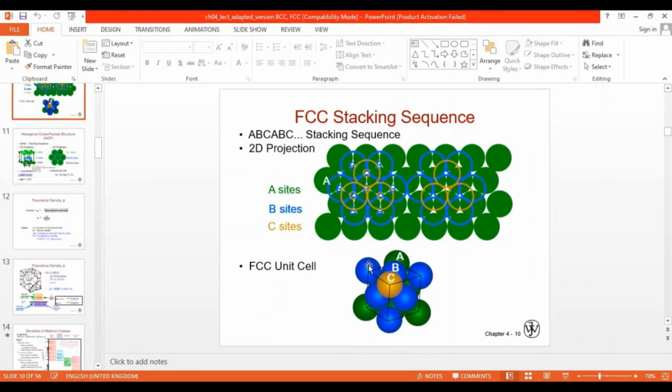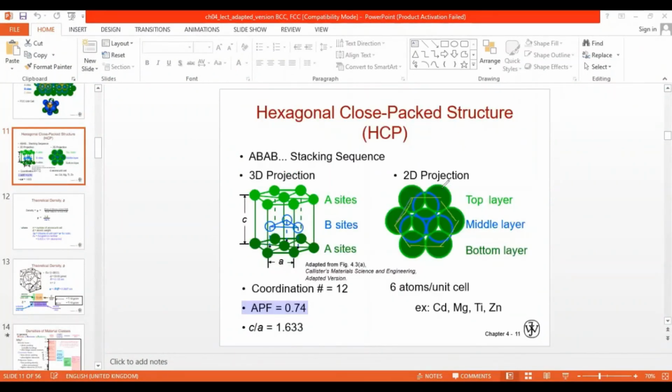So here one face, 4 corners, one face, 4 corners, right? So in whichever direction you see an FCC structure, you will see an atom on the face of the cube, and there will be 4 corner atoms. Then I have one more. These green atoms will be on the top and the bottom. These 3 blue atoms will be in the body but on a particular surface, so they are not at the edge, but in the face.